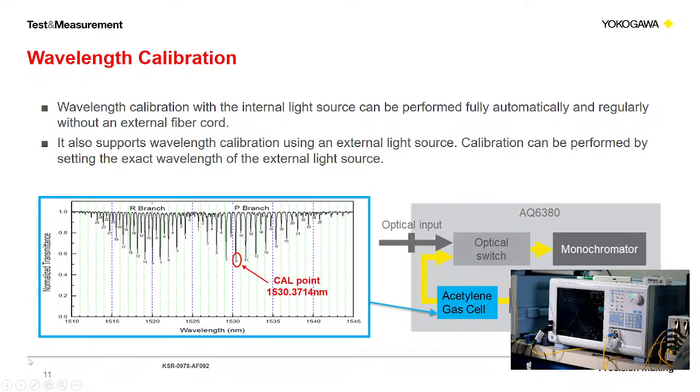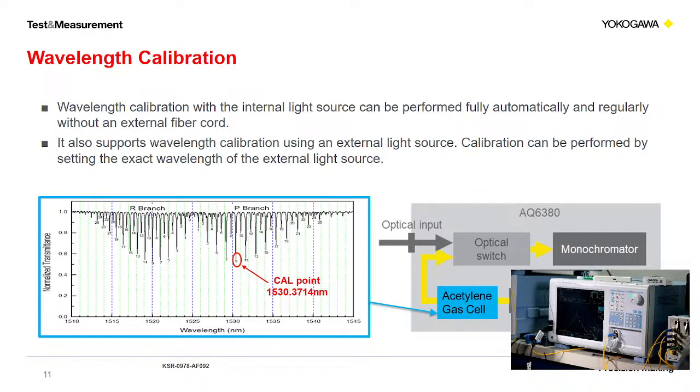And so, as Danielle mentioned, there's an internal calibration light source that's now automated. In the past, we've had a separate connector, and you had to connect a fiber to it, like the traditional 6370 series models. Now we were able to automate that because internally there's a single mode fiber. Inside, there's an acetylene gas cell, and that gas cell has very precise, specific absorption lines.